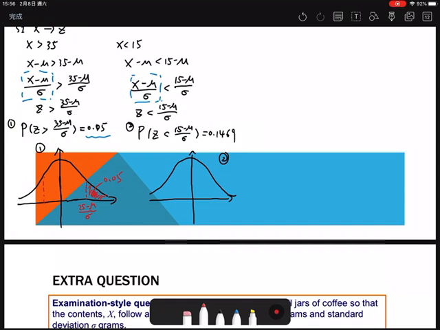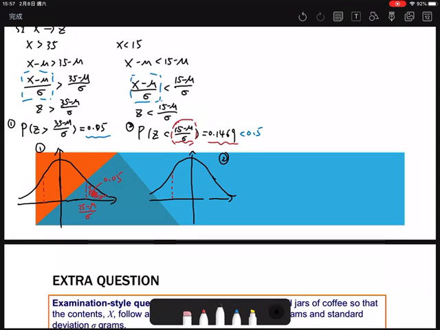For the second equation, z smaller than this value is 0.1469. So it means that the value of 15 minus mu over sigma must be a negative value. Why is it negative? Because if it is on the right hand side, the value must be greater than 0.5, but now the value is smaller than 0.5, so 15 minus mu over sigma must be on the left hand side, smaller than 0.